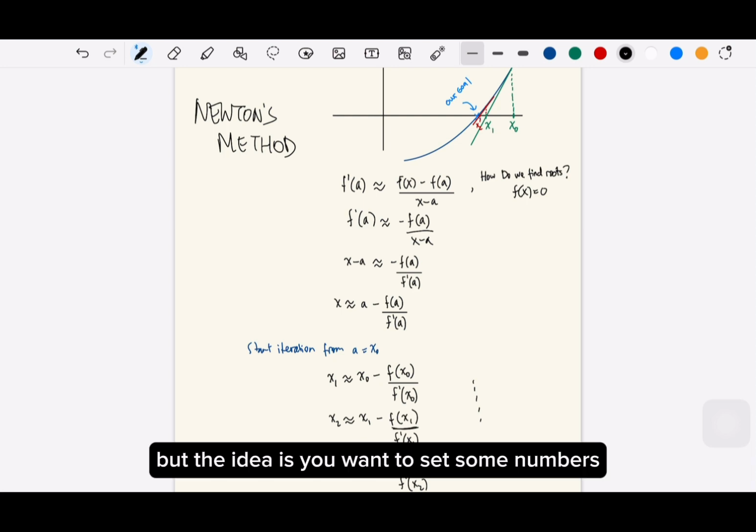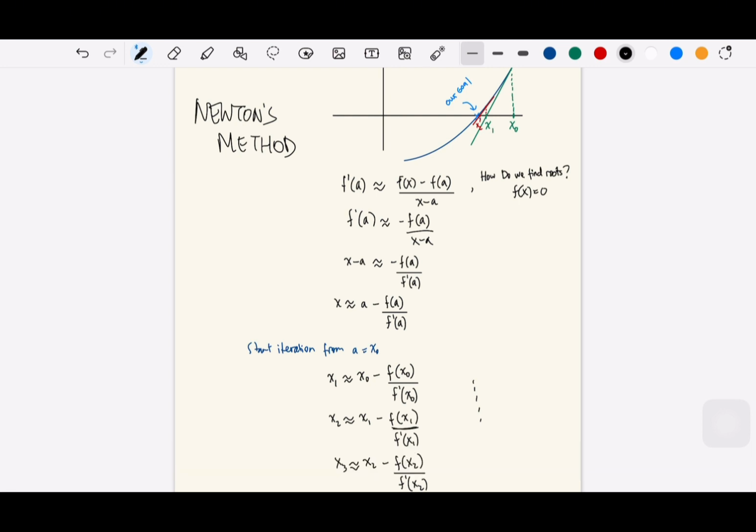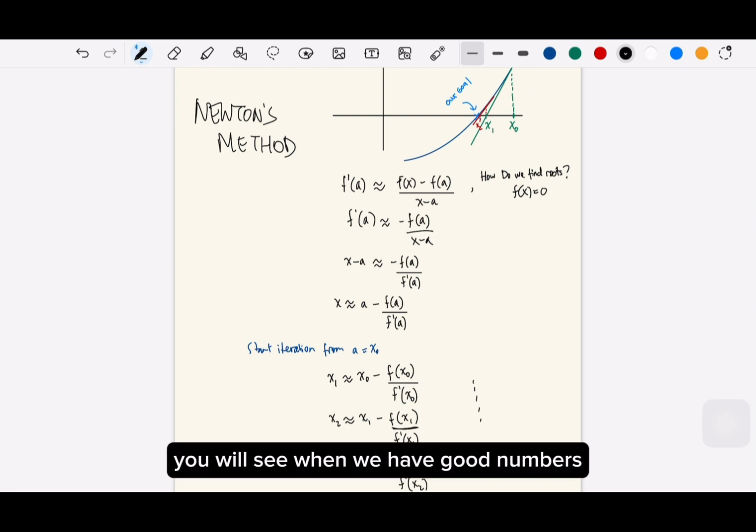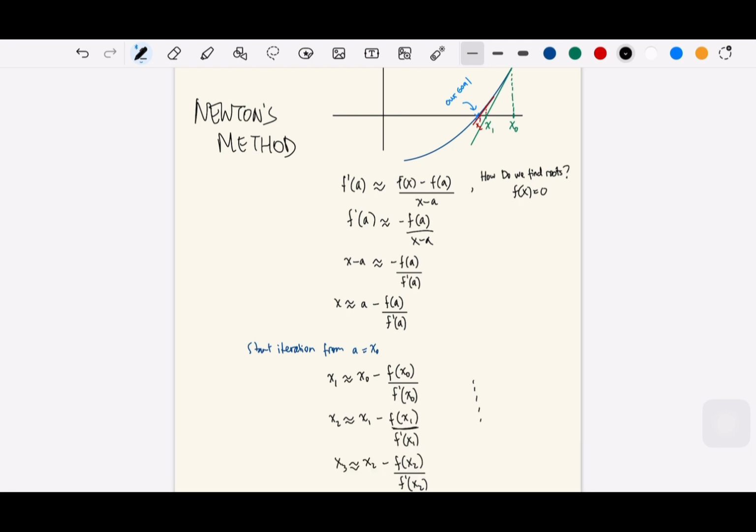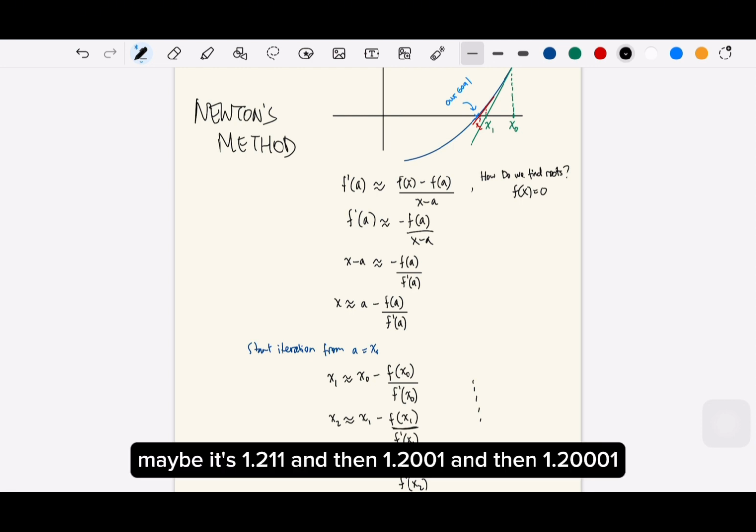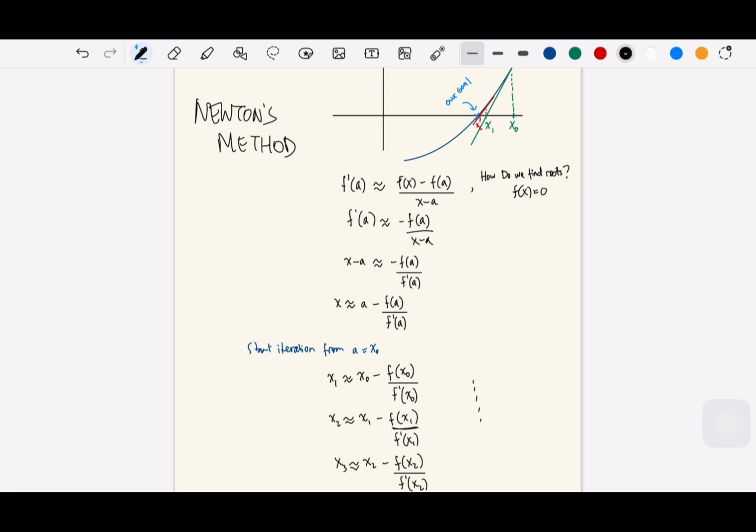It's complicated, but the idea is that when we take the linear approximation with the tangent line, it crosses at another new x. When we have a good number of iterations, you will see the numbers, maybe 1.211, then 1.2001, then 1.20001, getting closer to that number, and then it's consistent.